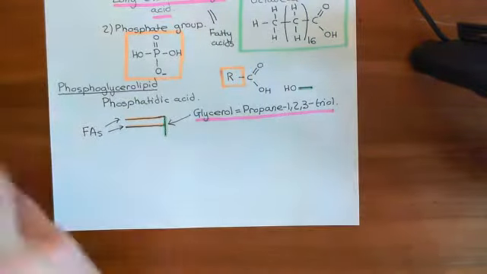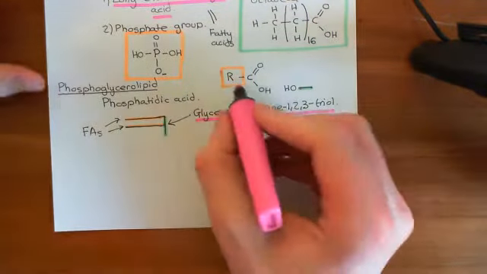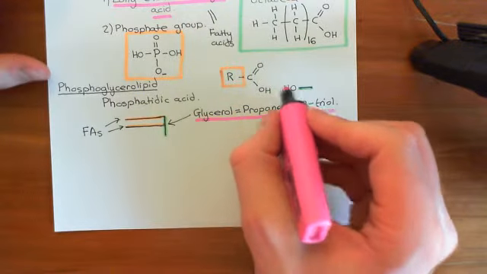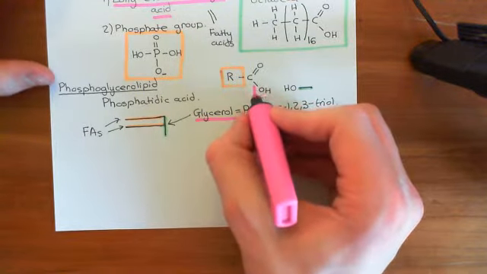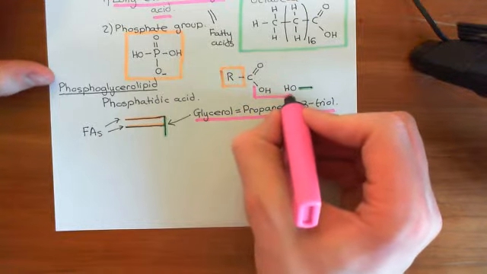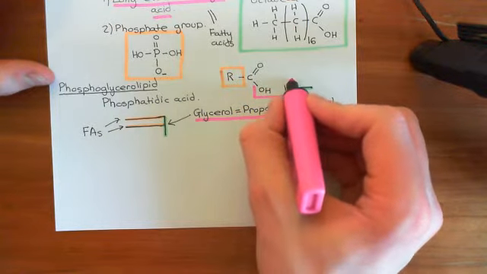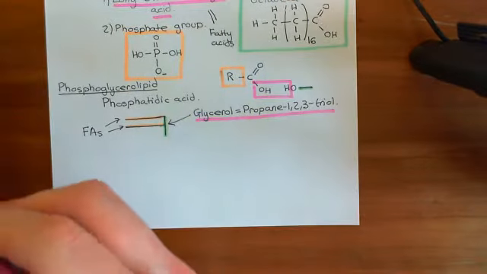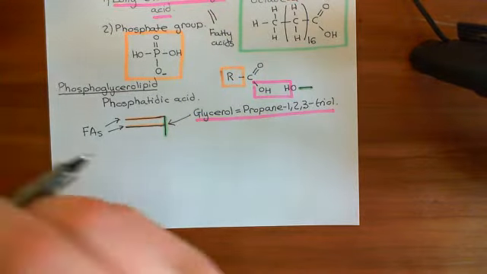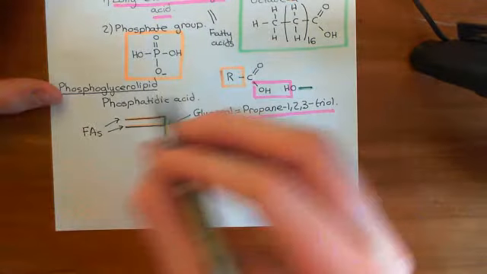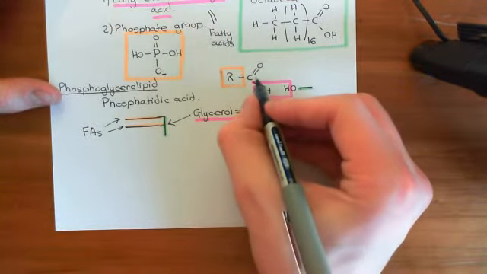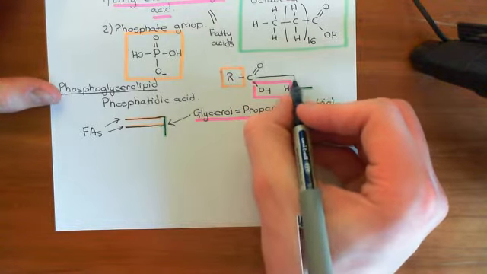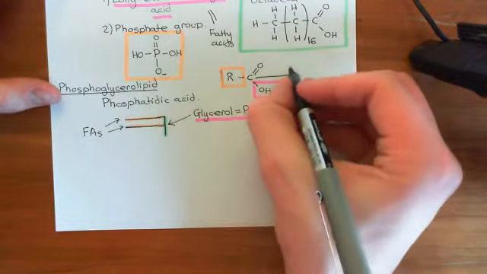Okay, and now what we're going to do is link this long-chain carboxylic acid to the alcohol group that comes off our glycerol molecule. The way we're going to do this is we're going to take the alcohol group off the long-chain carboxylic acid group, and then take the hydrogen off the alcohol group of the glycerol molecule, and then attach the carbon of the carboxylic acid group to the oxygen of the alcohol group.